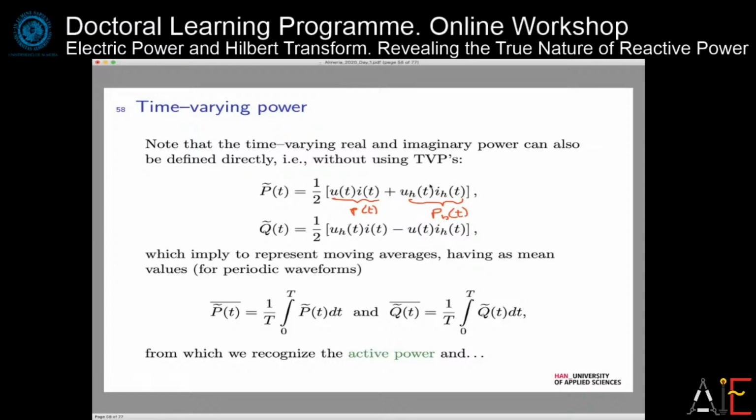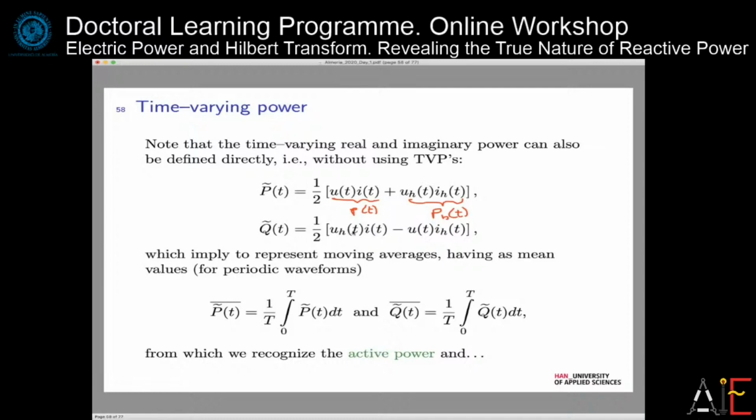So what you can already conclude from here is that this is always a local thing, because in order to define this, I actually only need to know this. This is just the product of two quantities which I can directly measure. These, on the other hand, are products of quantities that I cannot directly measure, because a Hilbert transformer, if you want to build it in practice, is not so easy.